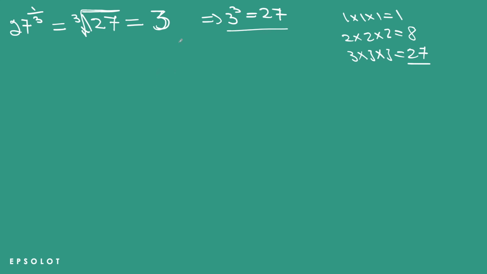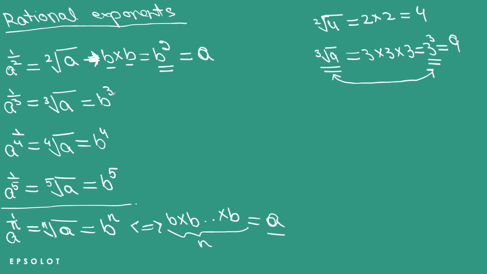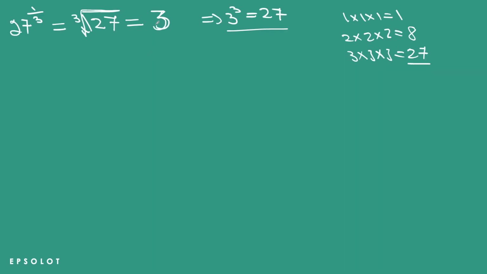Going back, I wrote the exponent as an example to explain what it actually means, but the answer is not b cubed. The answer is purely b. In this example, 3 cubed is equal to 27, therefore the answer is 3. The base is the only answer.